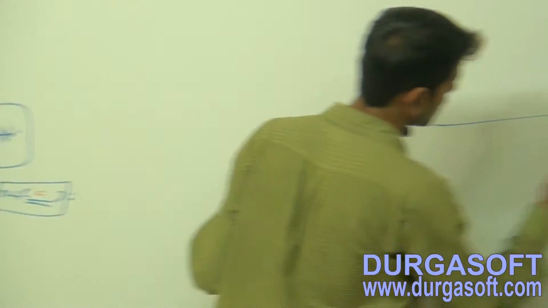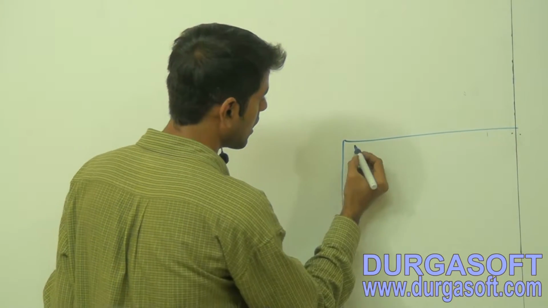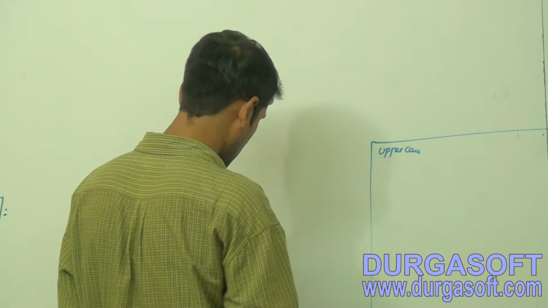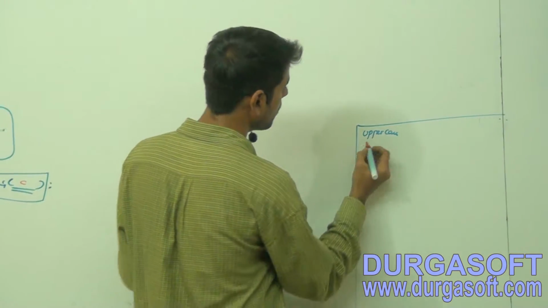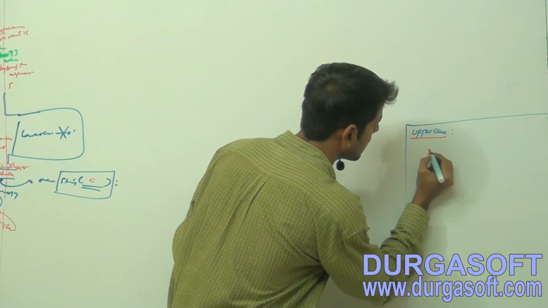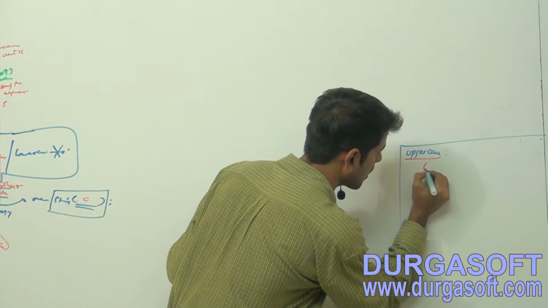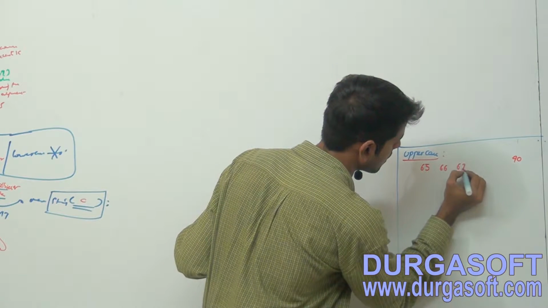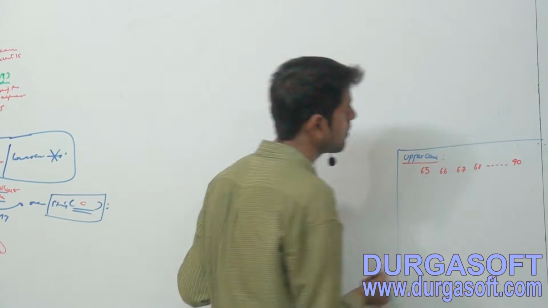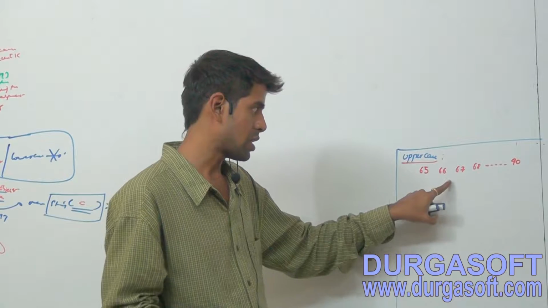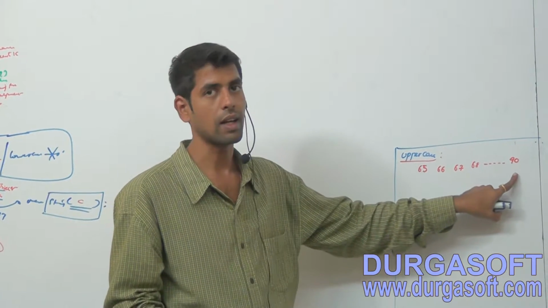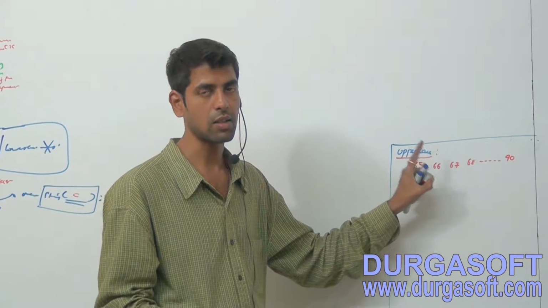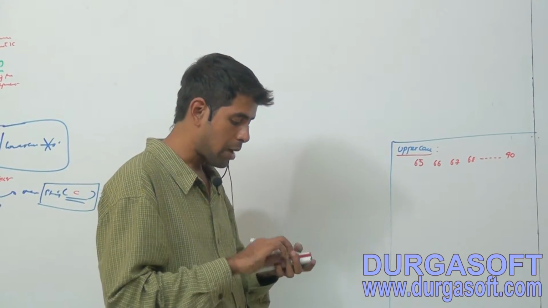What is the uppercase Unicode value range? It is 65 to 90. 65, 66, 67, 68 up to 90 all together form 26 characters or alphabets.